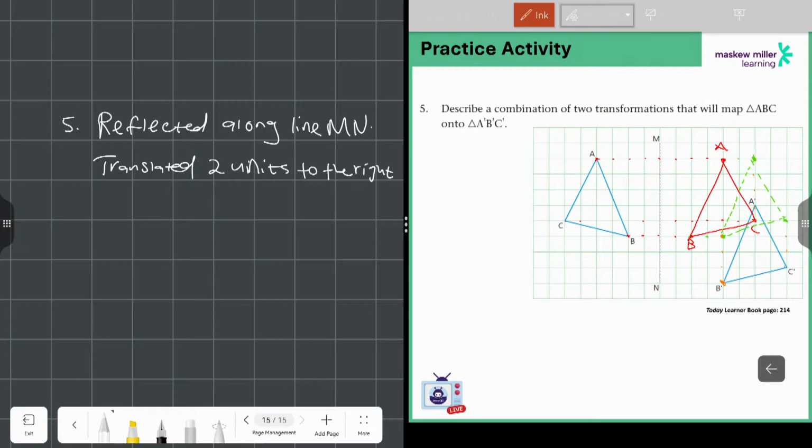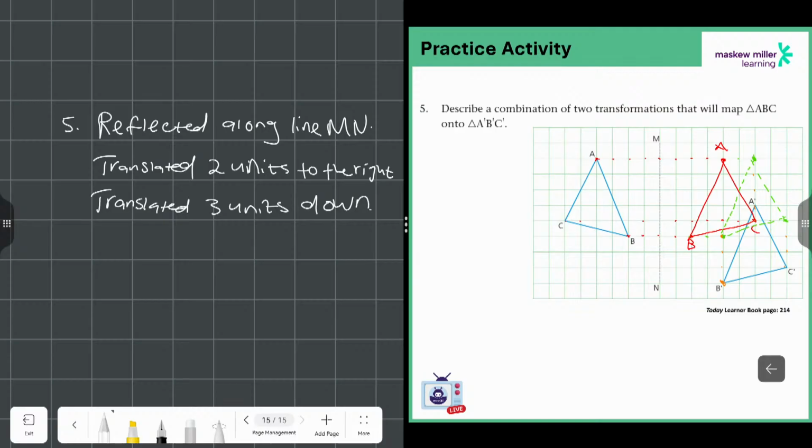So we're going to say again, it has been translated 3 units down. So these will be the steps that you say up until you get to the solution. So it's easy, right? It is doable, but what you have to do is practically do it.